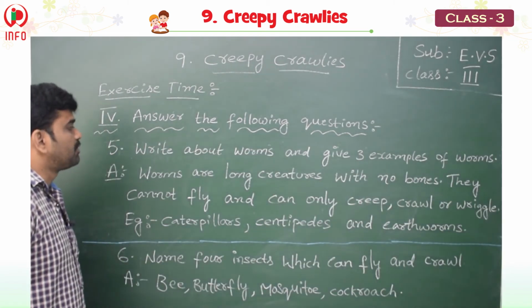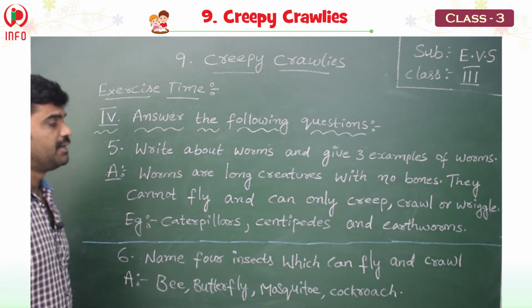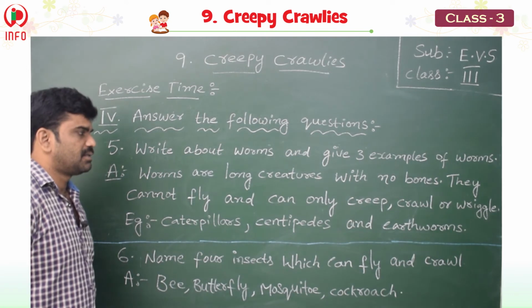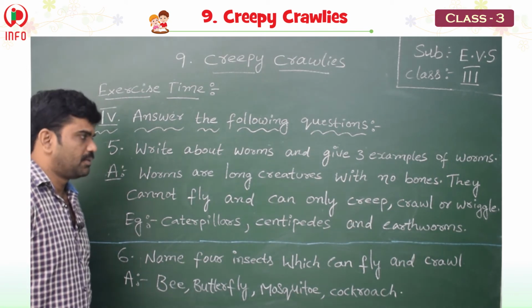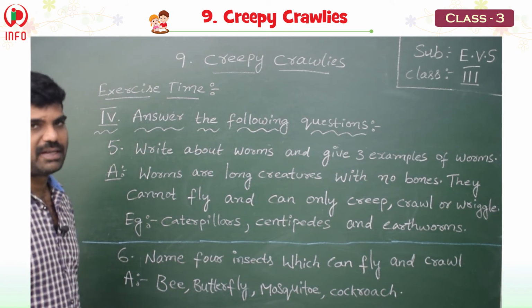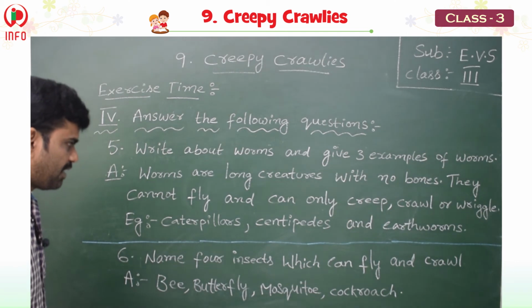Children, now fifth question. Write about worms and give three examples of worms. Worms are long creatures. Long means very lengthy with no bones, soft bodies. Bones are absent. They cannot fly.